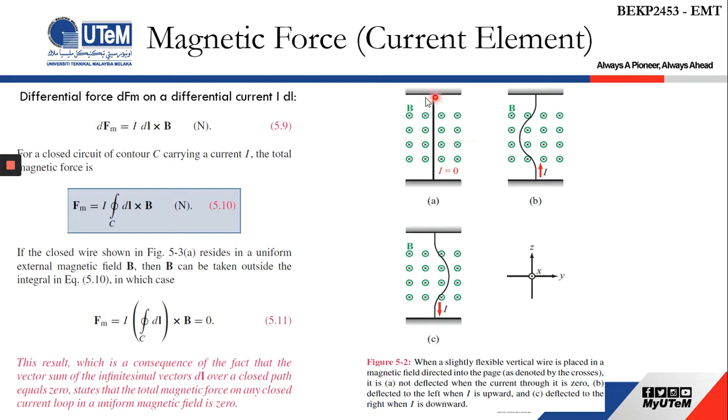This is actually a three-dimensional drawing, but drawn on a two-dimensional surface. We see that when the current is moving upwards, the thin conductor is going to be bent to the left. And if we change the direction of the current, the direction of the force will also change to the opposite direction.